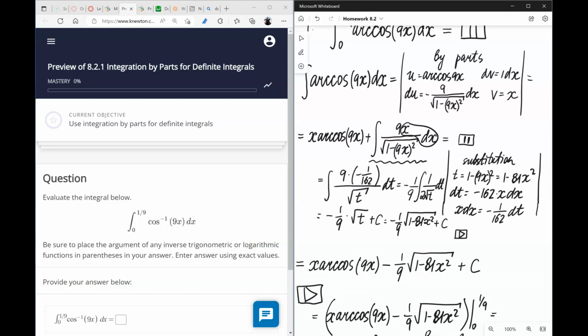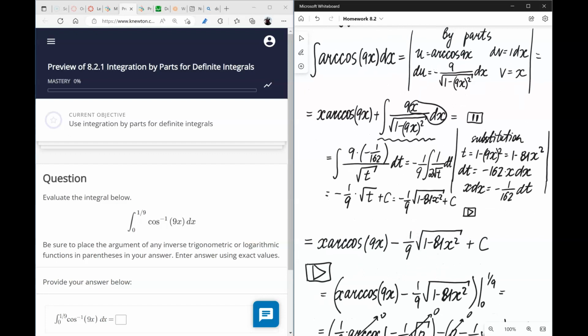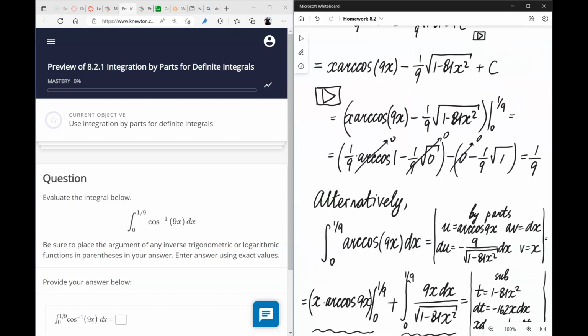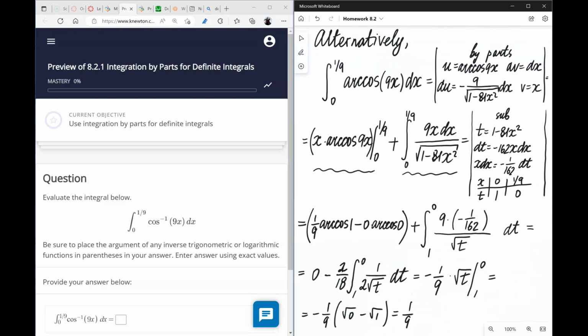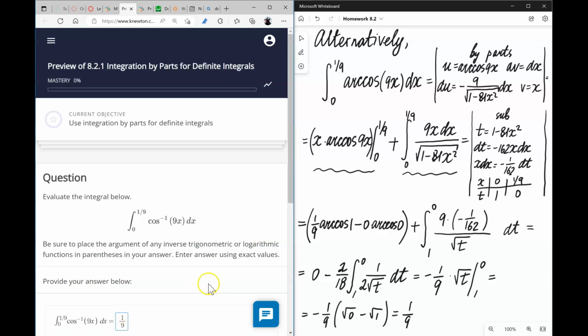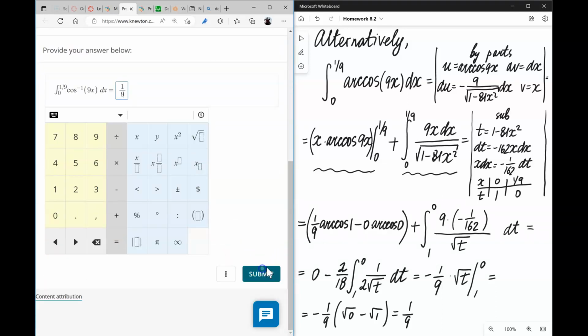You do your integral as an indefinite integral, and then at the very end you just throw in the limits of integration. I personally prefer the latter one because of just how nice and clean it looks at the end, but you can have your own preferences. So the answer here is just 1/9.